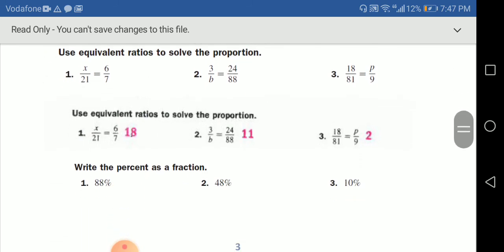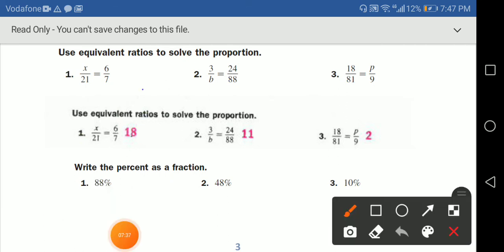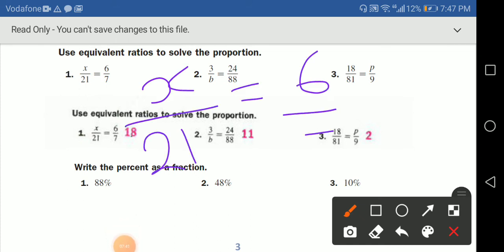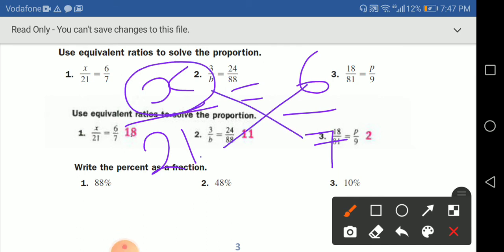Here he talks about using equivalent ratios to solve proportions. And this is interesting too. x over 21 equals 6 over 7. How can I get the value of x? We have two methods. The first one is cross multiplication: 21 times 6 the same as 7 times x.